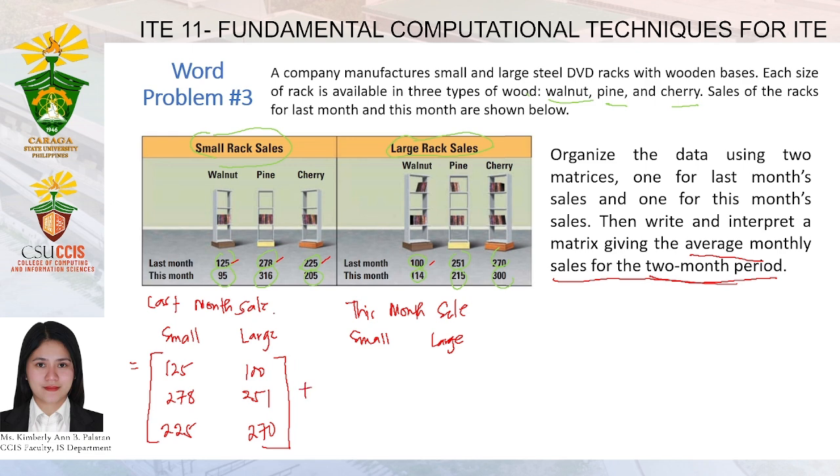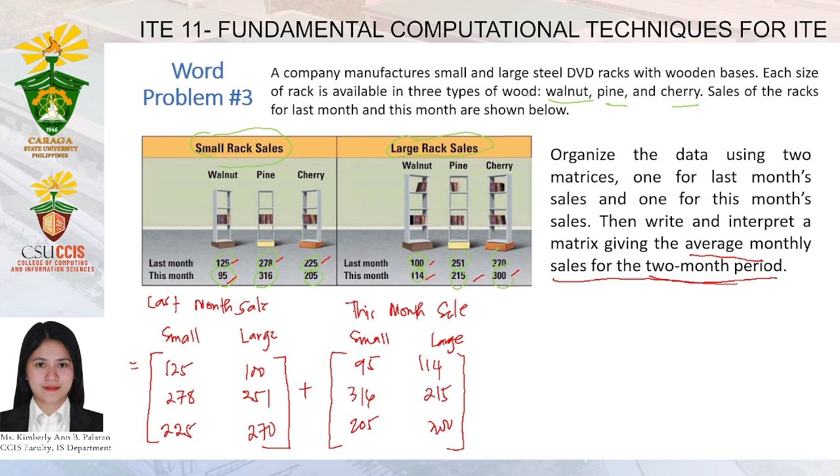So, plus, okay, write gihapon nato ang this month's sale, no? Which is, the first one, we have small. For the small is 95, 316, and 205. For the large rack, we have 114, 215, and 300.